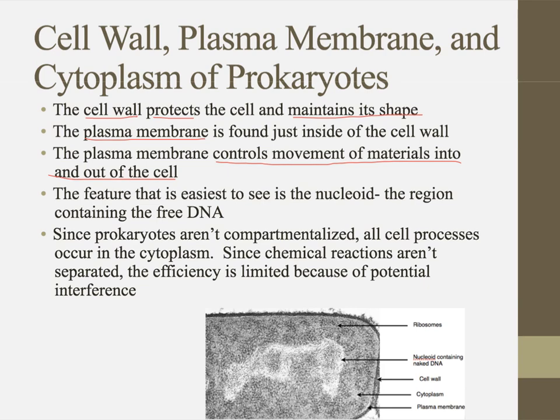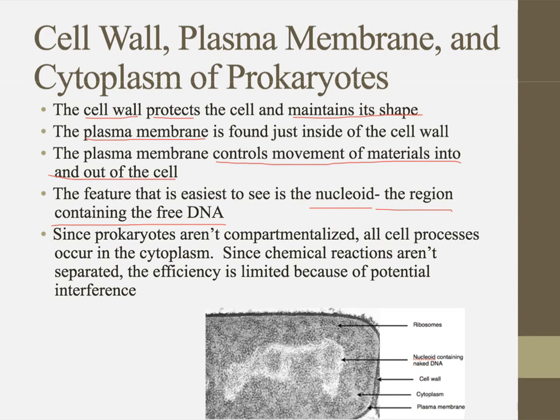If I'm looking at a micrograph of a prokaryotic cell, really the easiest thing to see is this region in here. Again, that's called the nucleoid region. The nucleoid region is kind of where the free DNA hangs out. We don't want to say that it encloses it because it doesn't wrap around it.